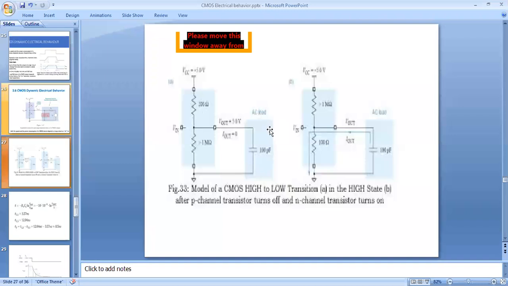Here we neglect RL and VL, since both are DC components, the DC load, but our aim here is to study the AC analysis. That's why we neglect those two parameters.